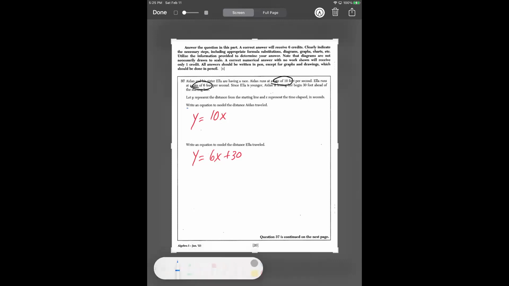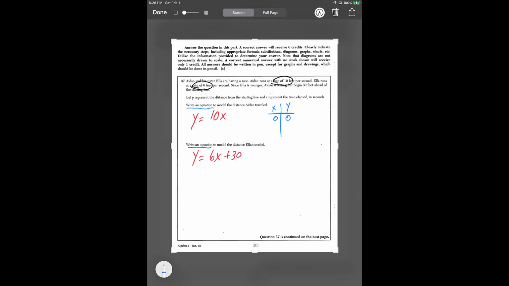We know that we have some tools on the calculator that will help us turn tables into equations. So basically all we need to do is say, okay, let's say x is the number of seconds, and we want to know the distance from the starting line. In 0 seconds, Aiden is at the starting line.